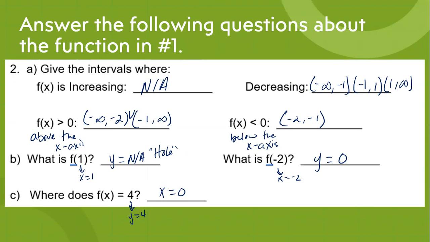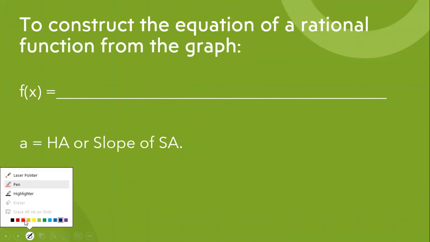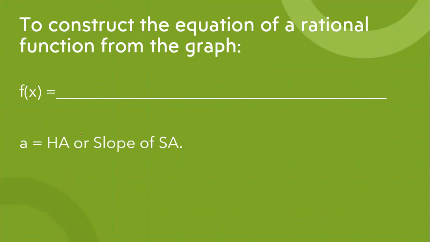Okay, so let's make a conclusion of what happened. To summarize how to write our function, you're going to have A, and A represents your horizontal asymptote or the slope of your slant asymptote. Not the whole slant, just the slope. Over, and then the next thing we found were our holes. The factors of your holes go in the numerator and in the denominator.